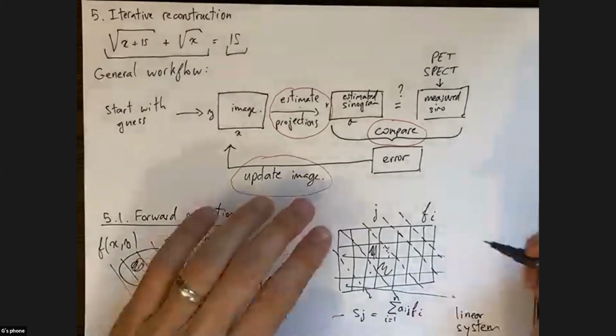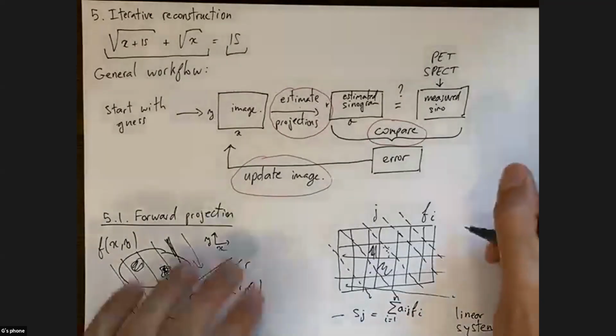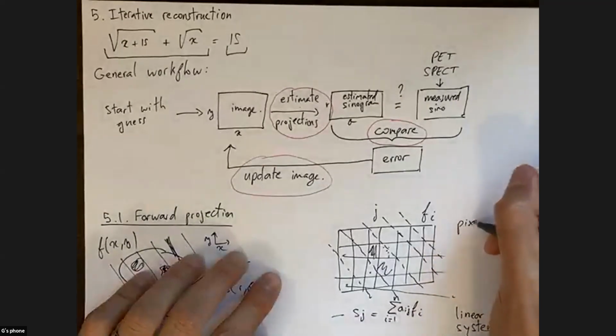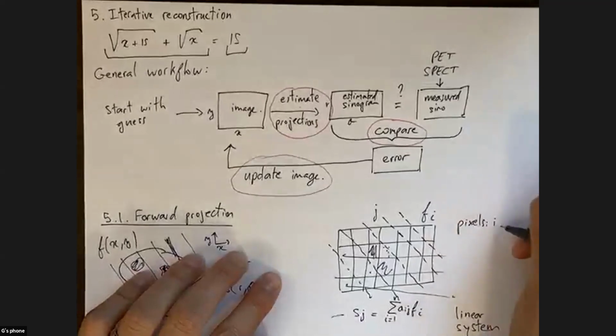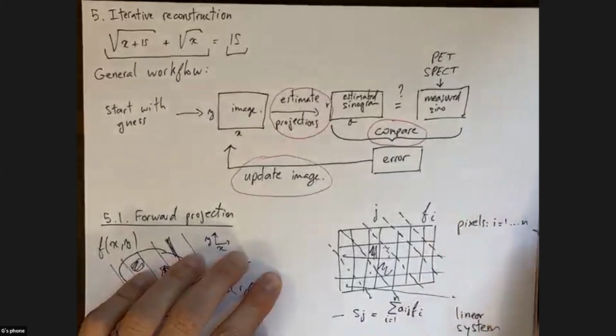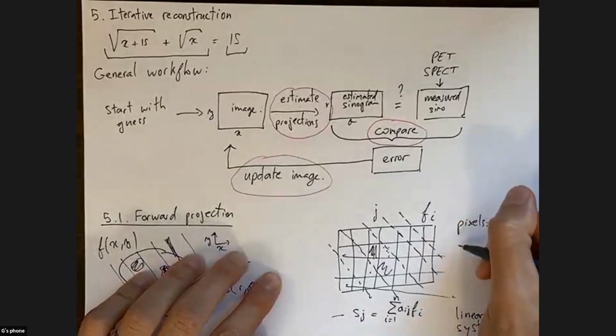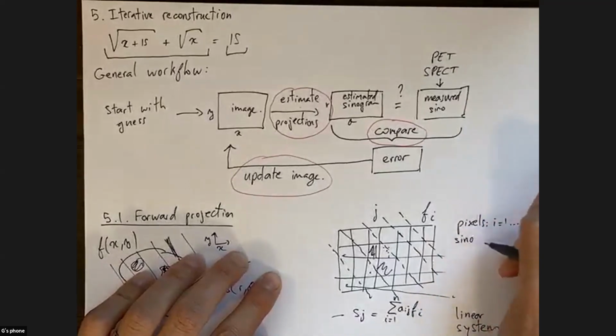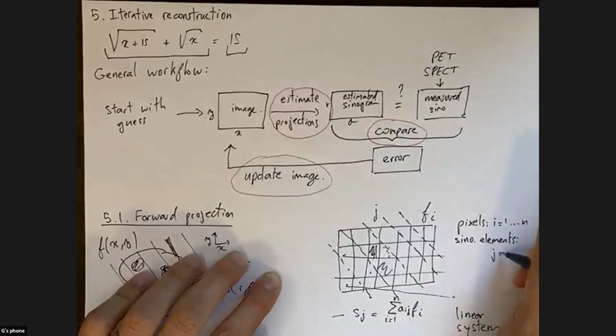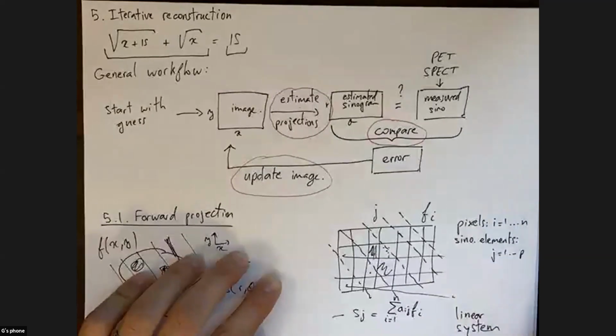Here I just want to clarify: pixels are i equals 1 to n, and sinogram elements are j equals 1 to p.